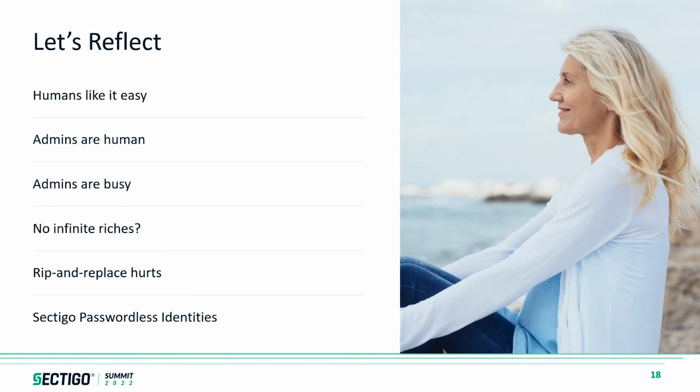Admins are humans. Yes, they are. Lots of people complain about corporate IT policies, but admins need to tread the thin, fine line between security and usability. It's not an easy task. Admins are very busy. The fact is that system admins have a lot on their plates. It's one of the hardest jobs in enterprise today.